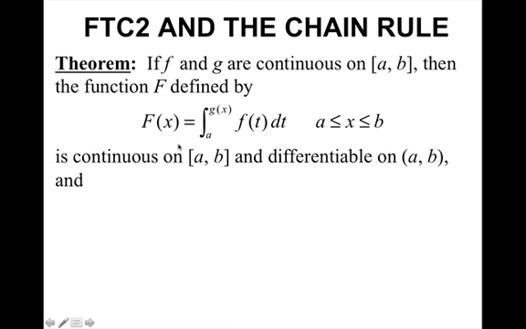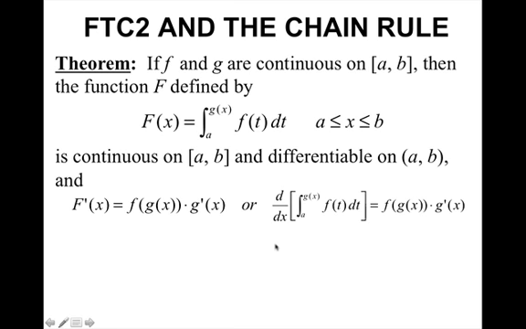So this time, when I want to find the derivative of big F, or the derivative of the integral, that means I'm going to have my original function, the little f, in terms of the upper limit, so in terms of g of x, times the derivative of the upper limit. Note this looks pretty similar to the chain rule. Or another way that you can think about it is derivative of the integral will give you the following.